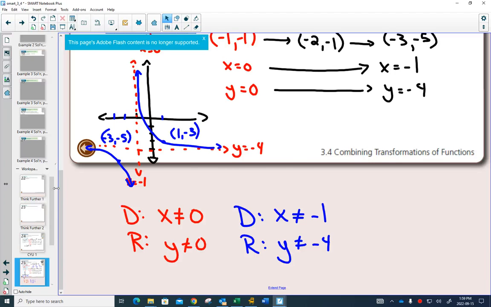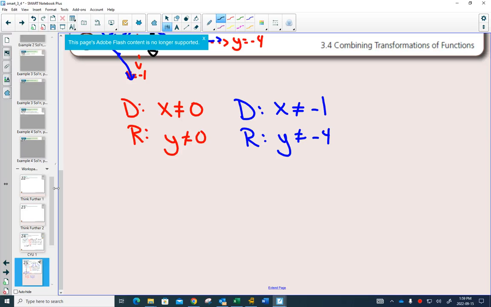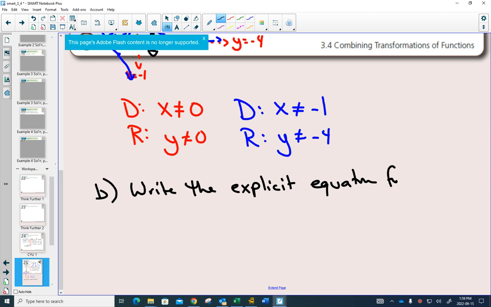Now, part B, we're going to write the explicit equation for each graph. So the red one was given to us as y equals f of x. That's function notation.